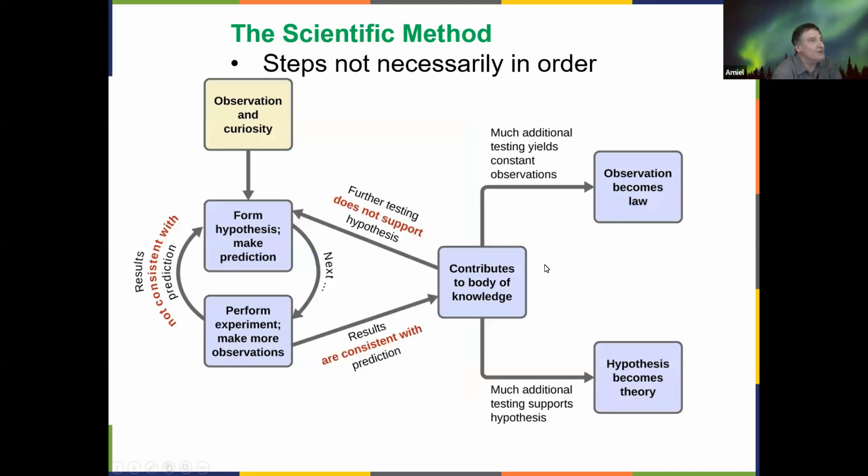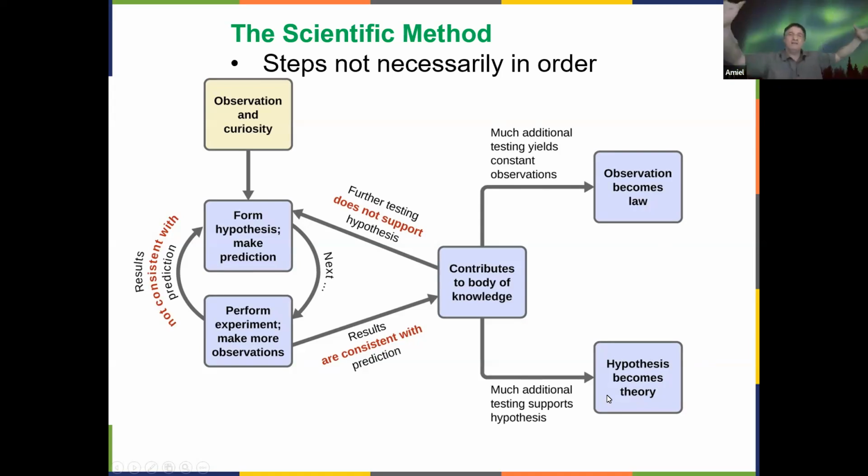So here you see the further bigger picture here. Here you see the circular nature, but again, the endpoints are laws, contributes to knowledge, and theories. So theories are large umbrellas of hypotheses.